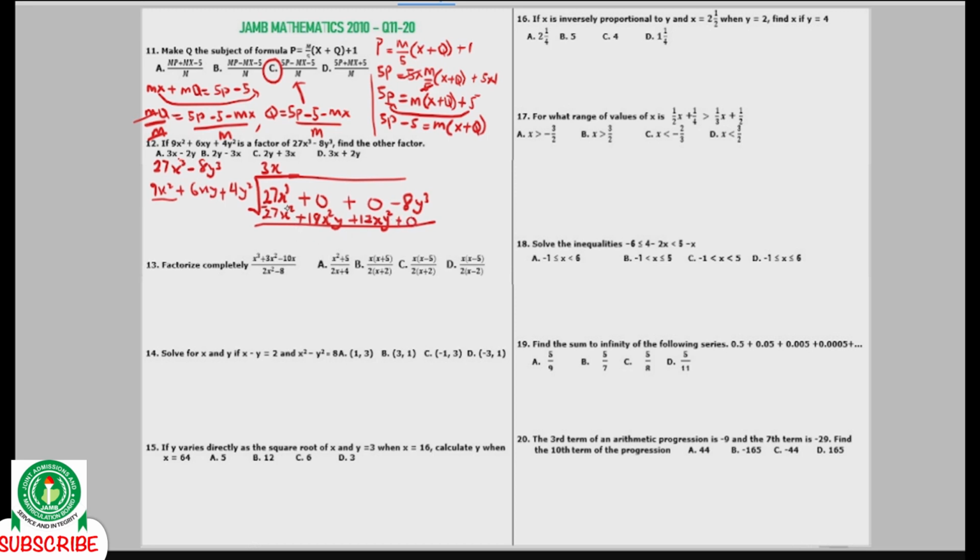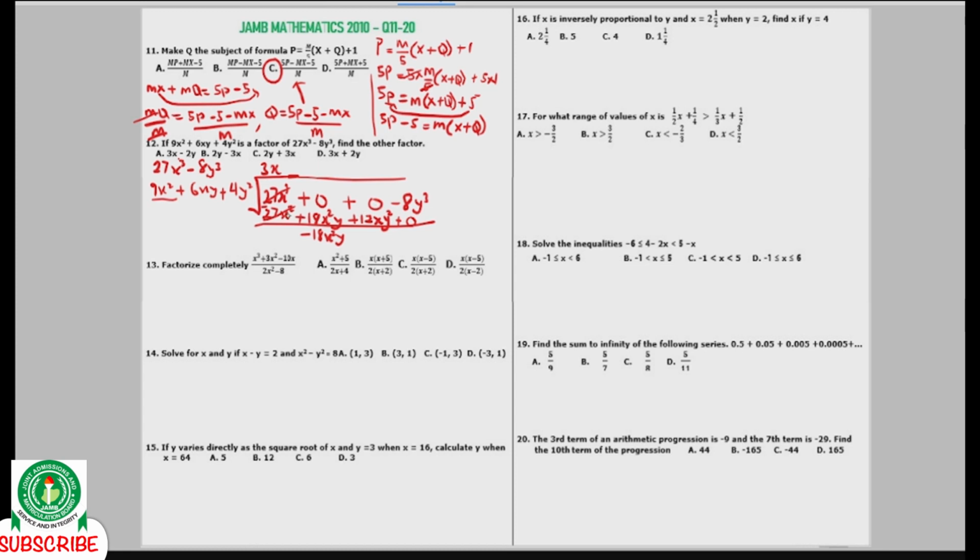Now 27x³ minus 27x³ will cancel out. So this one has already cancelled this one out. Then 0 minus plus 18x²y is going to give you minus 18x²y.